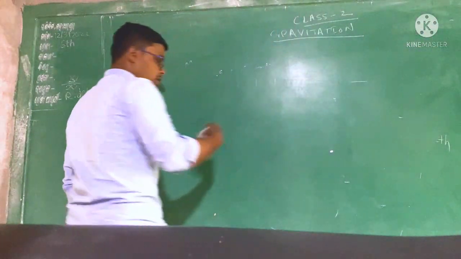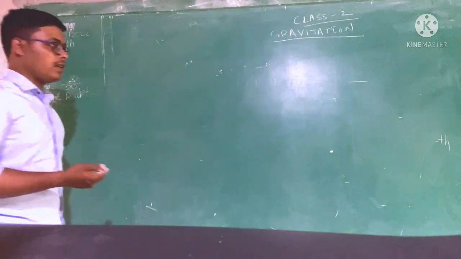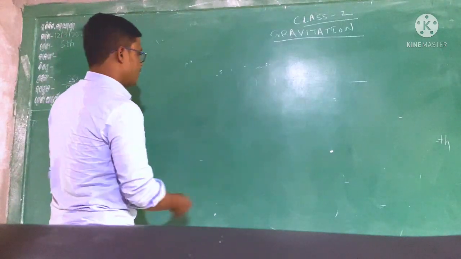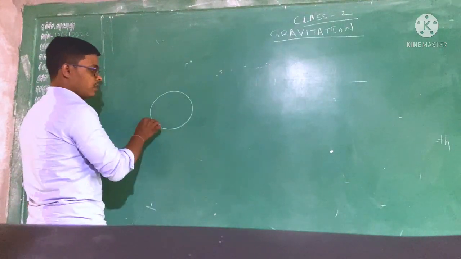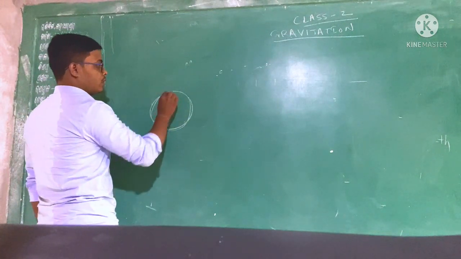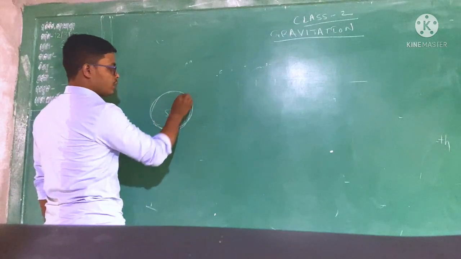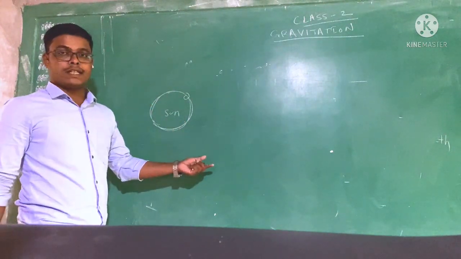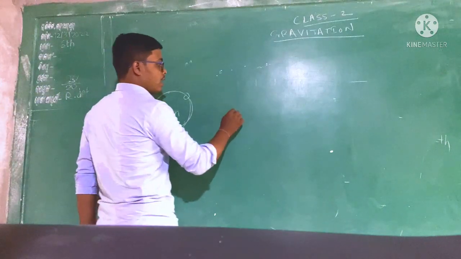Previously, in Newtonian mechanics, we observed that the Earth is a sphere, and the Sun is there and Earth is rotating in a circular orbital path. But Kepler says that no, it is not correct.